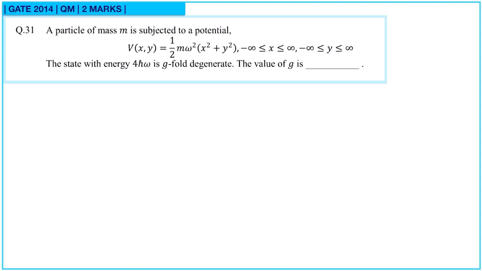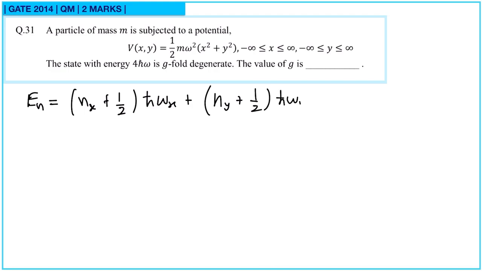Now this is a 2-dimensional quantum harmonic oscillator. So that gives us energy En is equal to nx plus half into h cut omega x and ny plus half h cut omega y. Here omega x and omega y are the same, omega only.